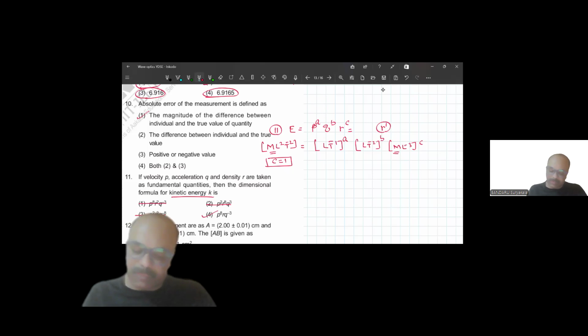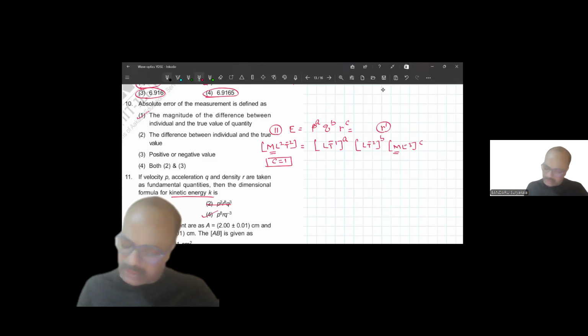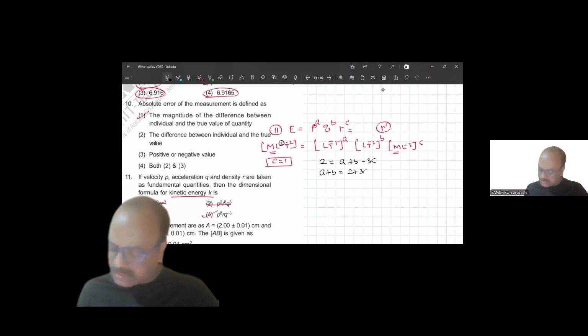So if you compare the powers of length, here it is 2, and this is A, and this is B, minus 3C. So we have A plus B equals 2 plus 3C. With C value 1, it becomes 5. So you will get one more equation here.